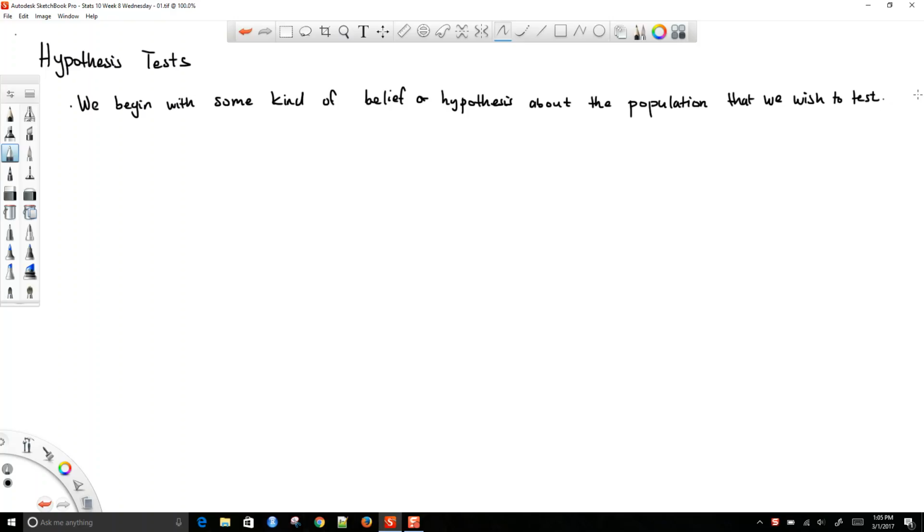And then we look at some data, and we see if the data kind of contradicts this belief or hypothesis.